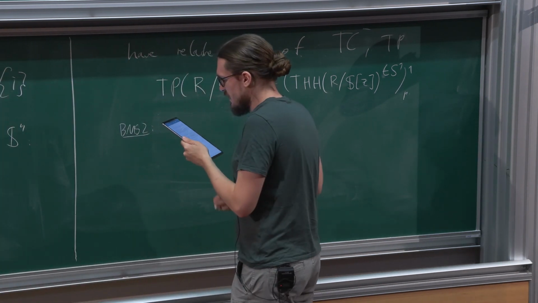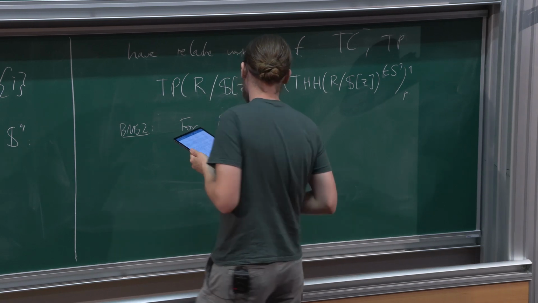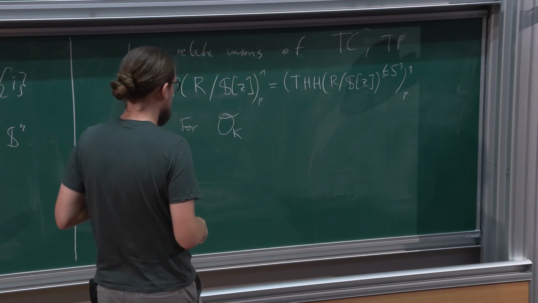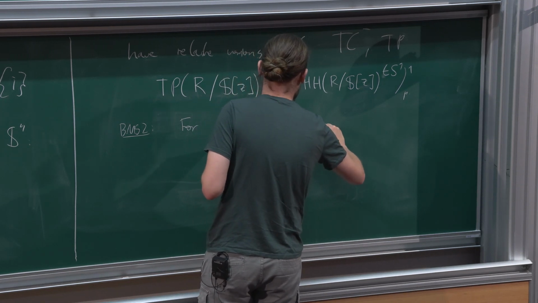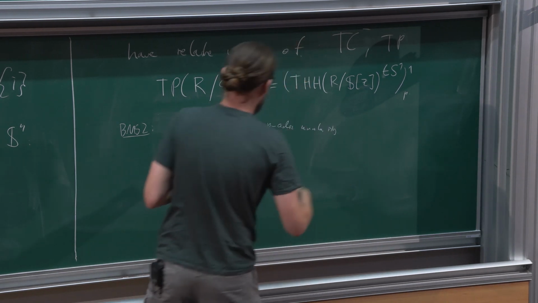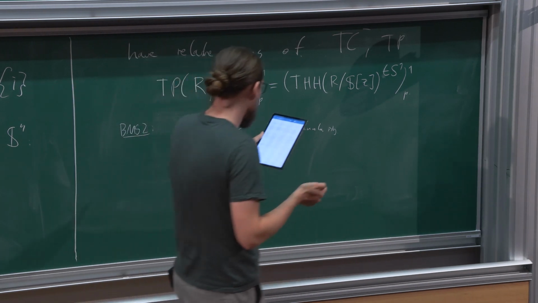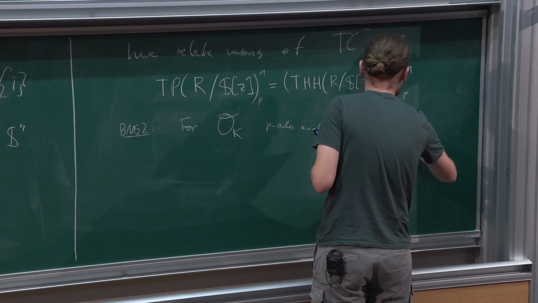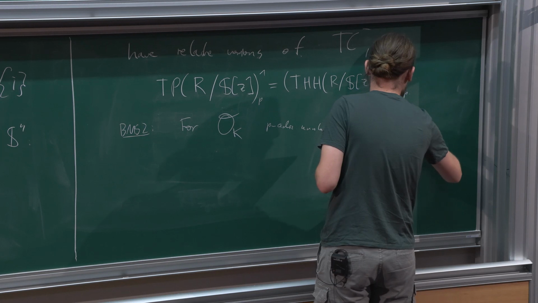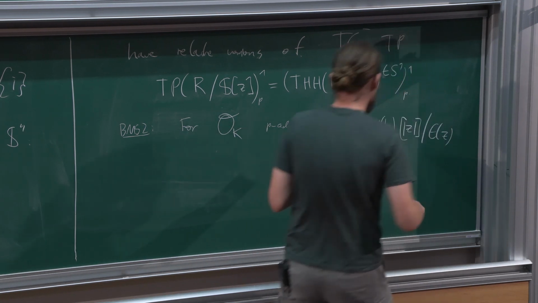So they observe that for some p-adic number ring, some ring of integers in some finite extension of Q_p, you can always write this as Witt vectors on some finite field, adjoin Z, modulo some Eisenstein polynomial.